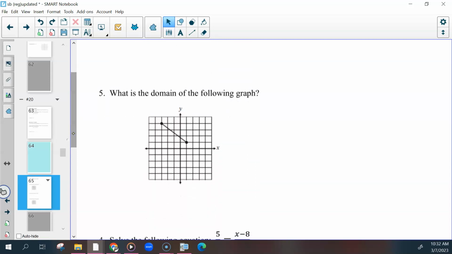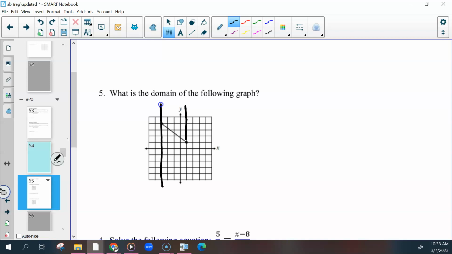Then our domain for number 5, something you'll need to know, is that this is going from left to right, furthest point to the left, furthest point to the right. Is this discrete or continuous? Which one? The discrete would be random points. This one's continuous because I can draw this line without picking up my pencil.